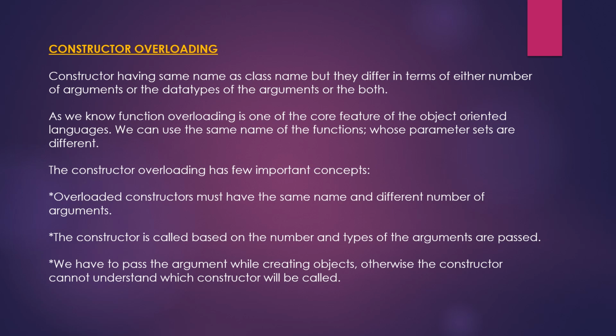Likewise, if the constructor has one parameter and we pass one parameter, then the constructor with one parameter will be called. And if no parameter is passed, then the constructor with no parameters will be called. So this is how it will be called. Now let's see how we will do it using a program. It will be more clear to you.